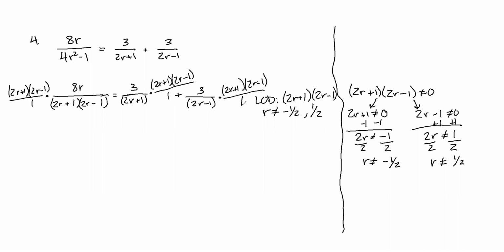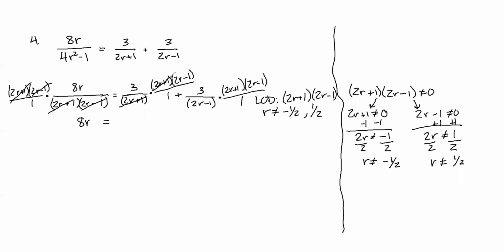All right, now let's go ahead and see what cancels out. So in this fraction here on the left, 2r plus 1 and 2r minus 1 cancel. So we're just left with this 8r over 1, which is just 8r, equals. Now in this second fraction here, we can cancel out the 2r plus 1s.